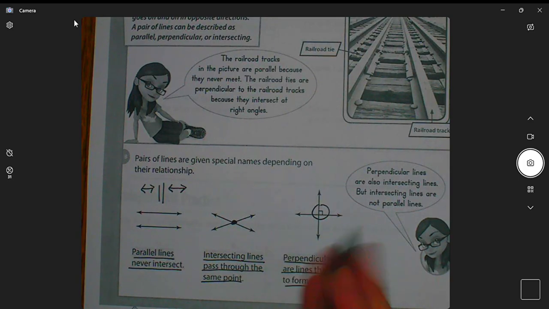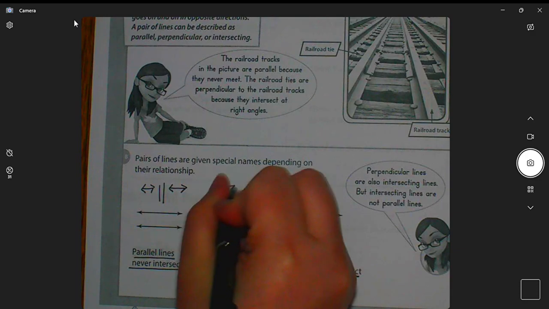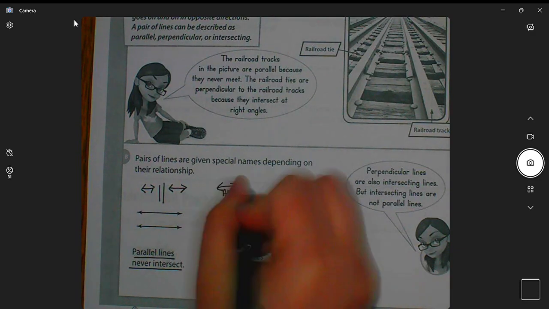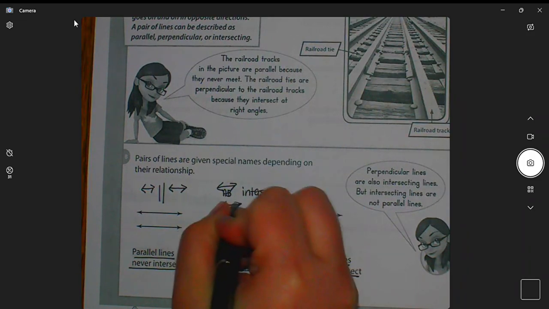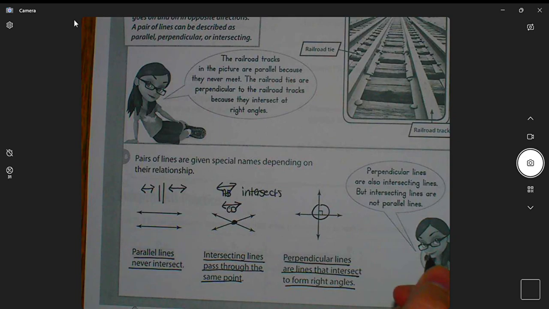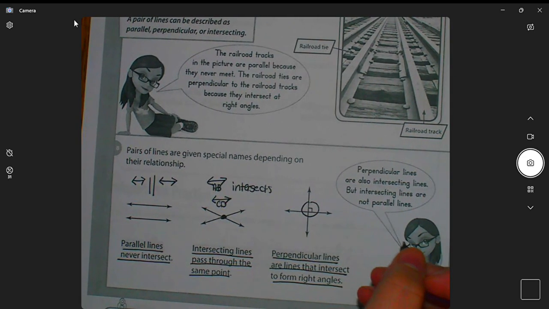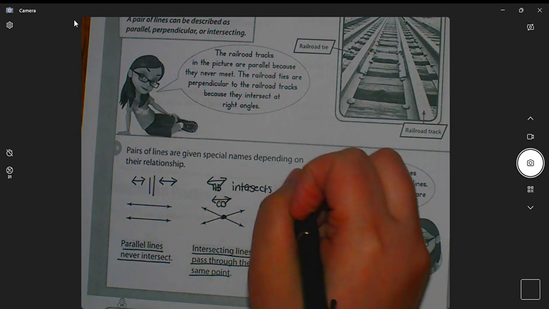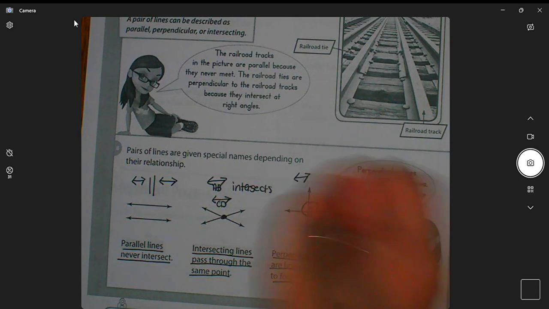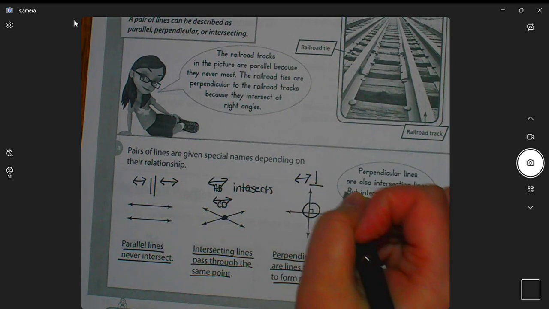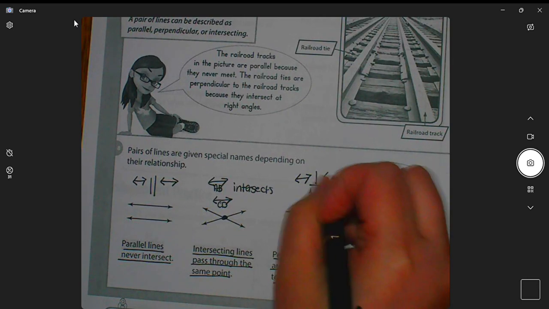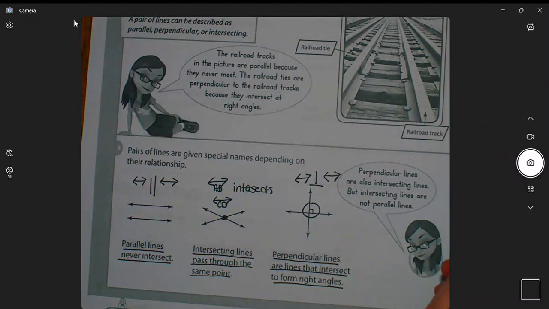So I can say line AB intersects line CD. So perpendicular, I can say line, whatever my line is, perpendicular to line, whatever that next line is.